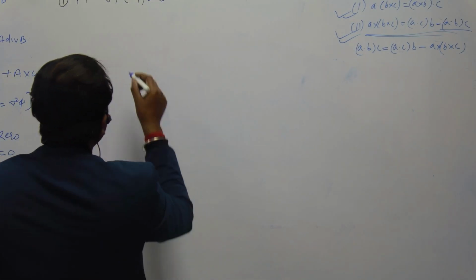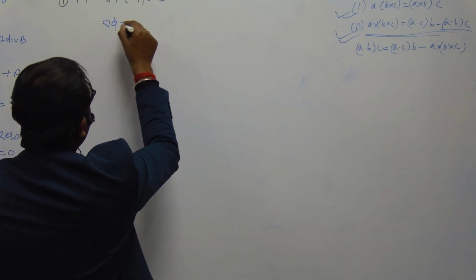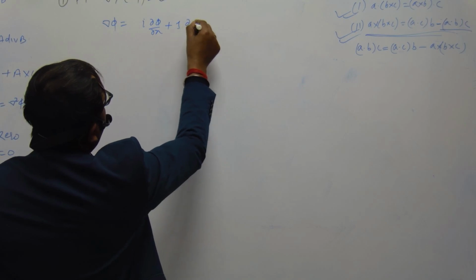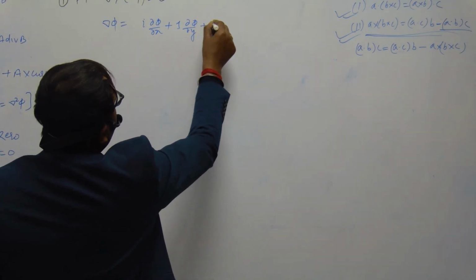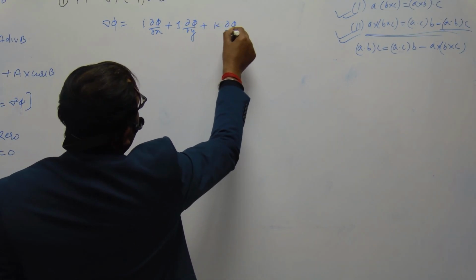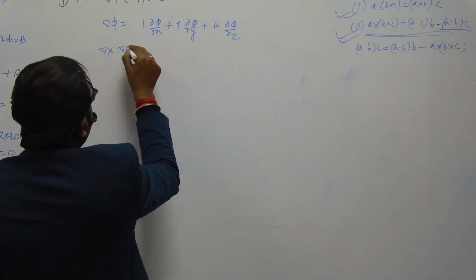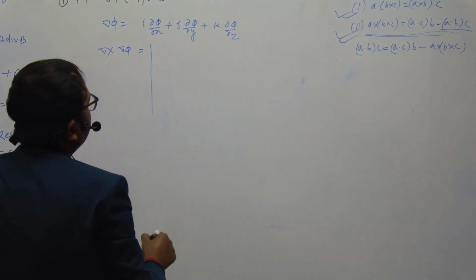So del phi is equal to i del phi upon del x plus j del phi upon del y plus k del phi upon del z. Okay, we have to take the cross product. So del cross del phi is equal to, let us take this in the form of determinant.